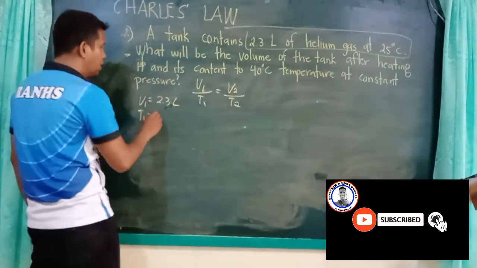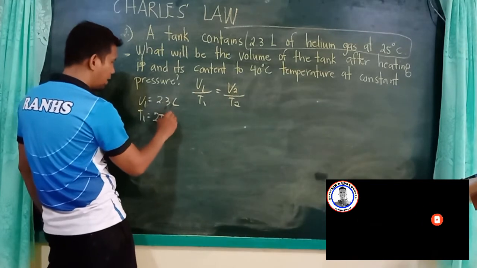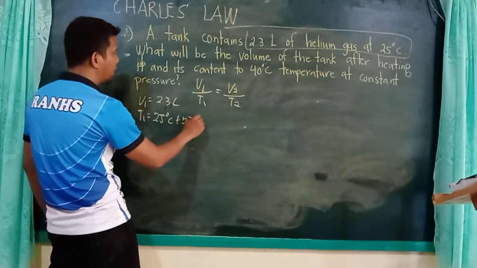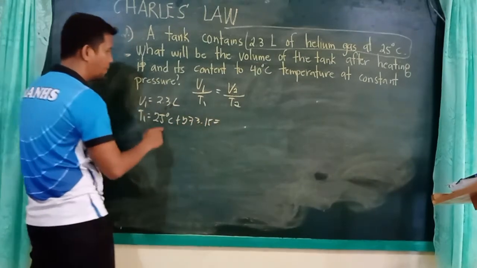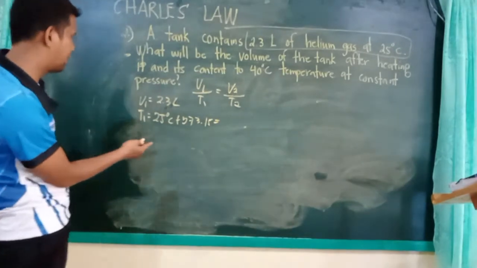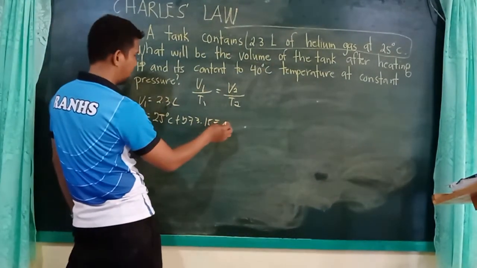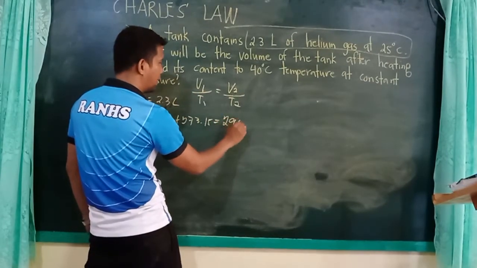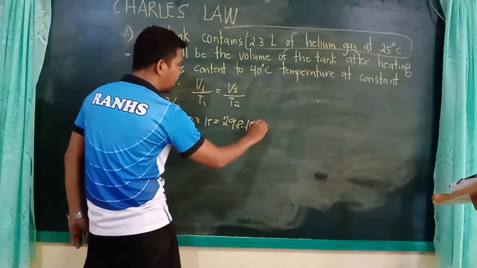So, 25 degrees Celsius plus 273.15 will give us a value of 298.15 Kelvin.